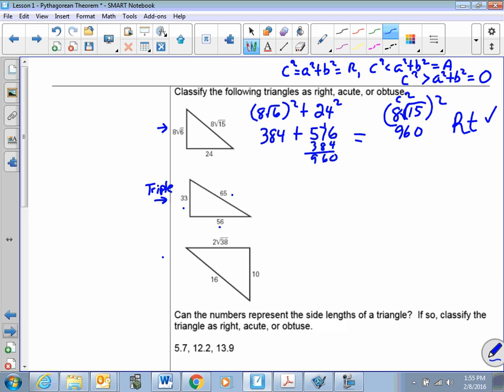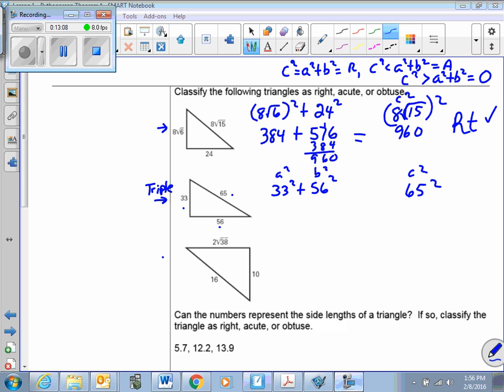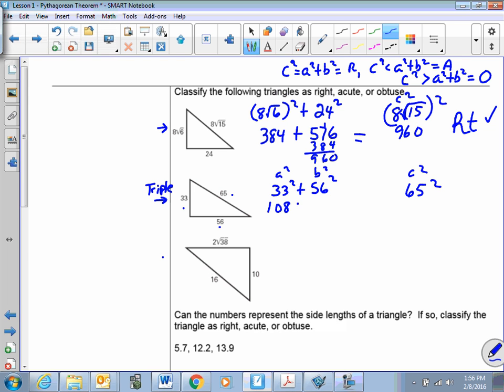All right, let's try this one. 33 squared plus 56 squared. That's a squared, b squared, and c squared is 65 squared. So let's see what we got here. 33 squared is 1,089. 56 squared is 3136.